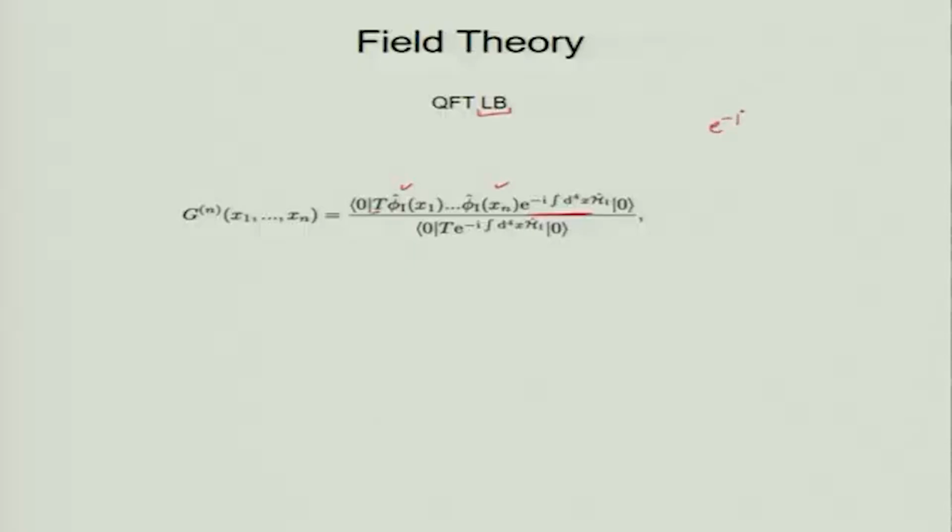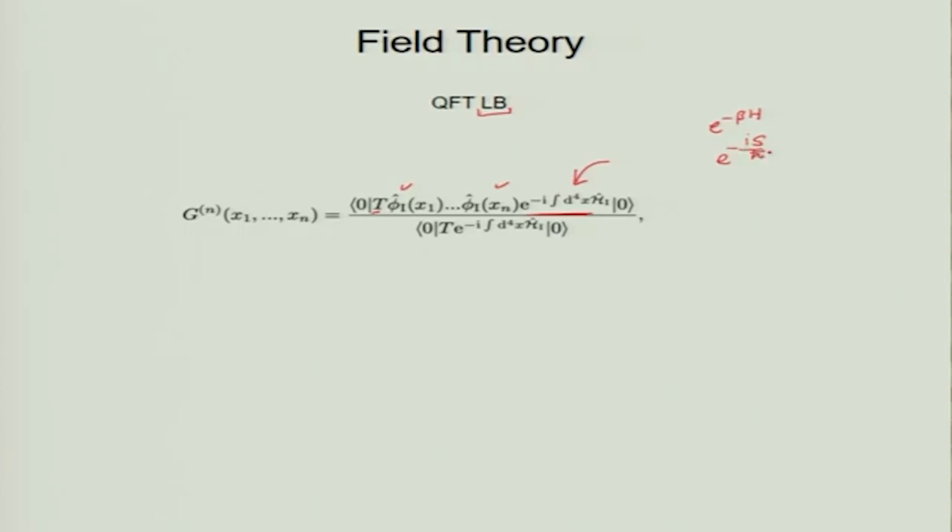Now, for statistical physics we have e to the power minus beta H as the probability, but this one comes from the Feynman path integral, which I am going to do after this lecture. So for the Feynman path integral, what is the probability for a given field configuration? It is e to the power iS by h bar.